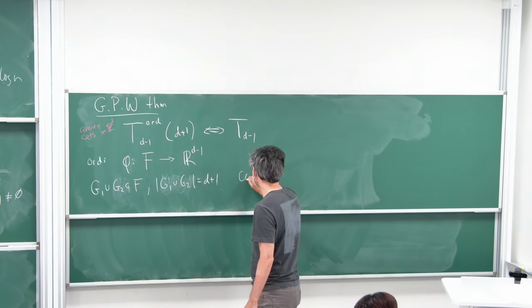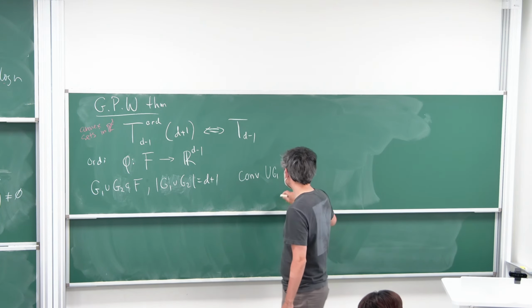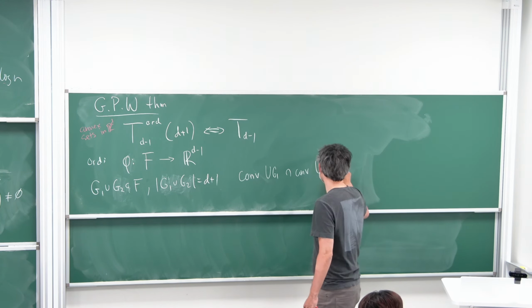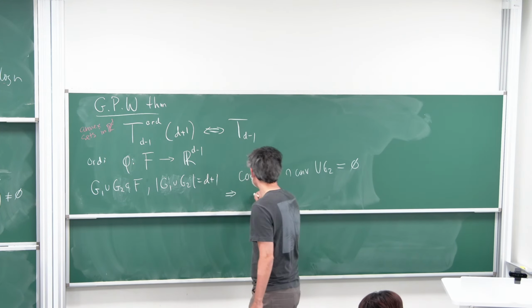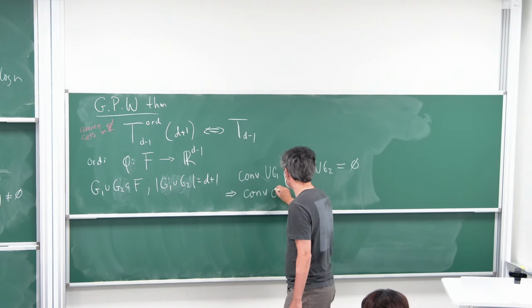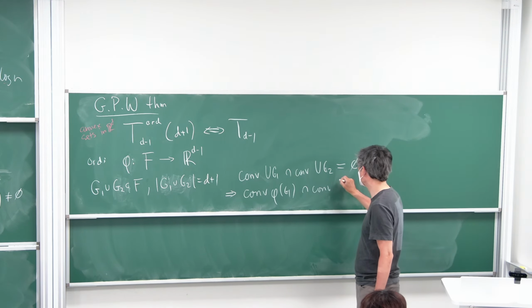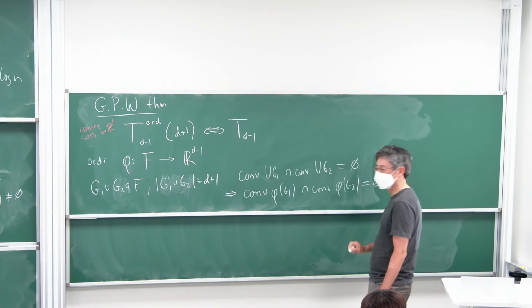If the convex hull of the union of the G1 sets intersect the convex hull of the union of the G2 sets is empty, then the convex hull of the image of G1 intersect the convex hull of the image of G2 is empty.